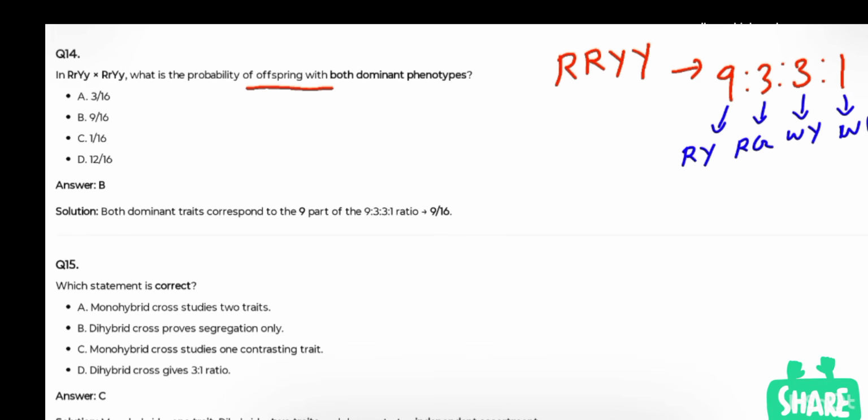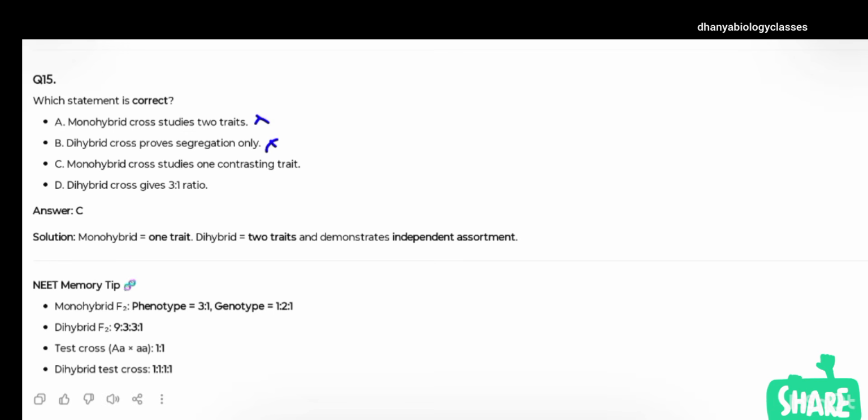So the dominant phenotype is 9, so 9/16. Option B. The question: which statement is correct? A monohybrid cross studies 2 traits? No, that is wrong. Dihybrid cross proves segregation only? No, it proved independent assortment. Monohybrid cross studies 1 contrasting character. That is correct. And dihybrid cross gives 3:1? No, 9:3:3:1. So option C is the correct answer.